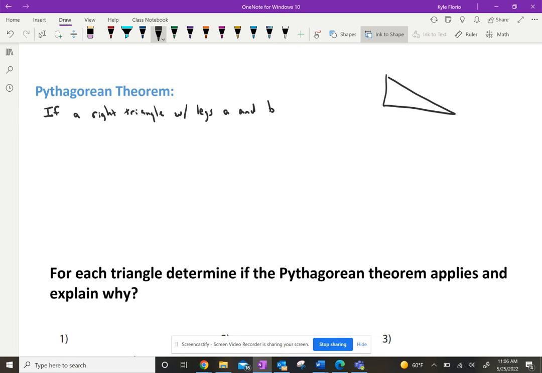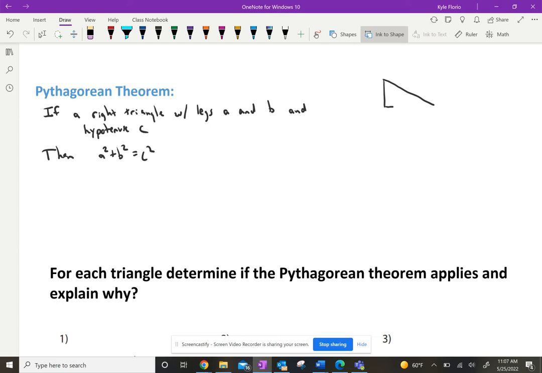If a right triangle has legs A and B, and we're going to call the hypotenuse C, then A squared plus B squared. If we square the two legs and add them together, that's always going to be the square of the third side.